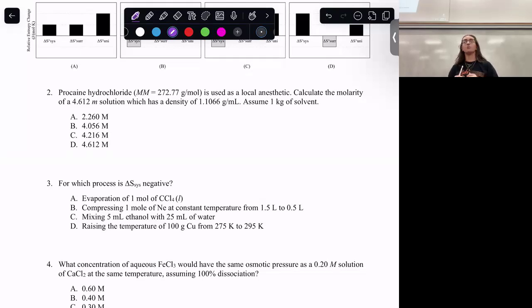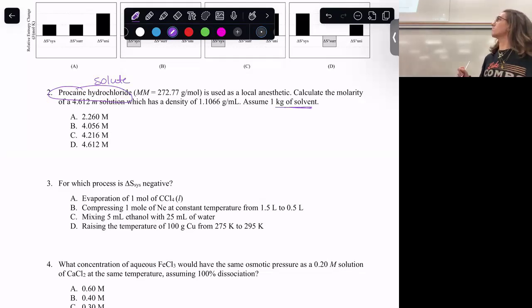Right. Mass of what? The procaine hydrochloride. Yep, and so what is that in this question? What are we going to classify that as? Perfect, right? So this is going to be our solute. And we know that we have 1 kilogram of solvent.